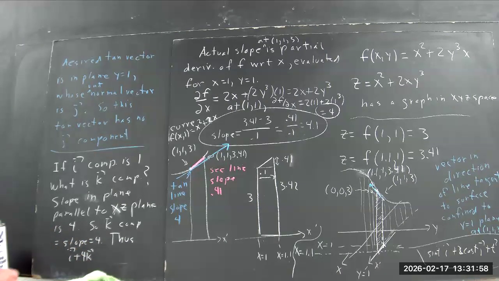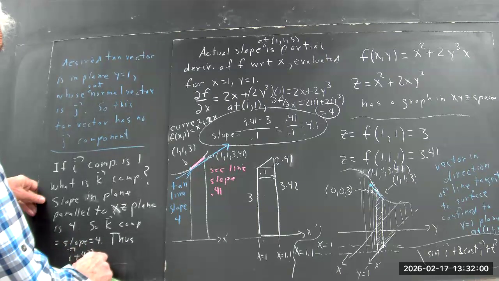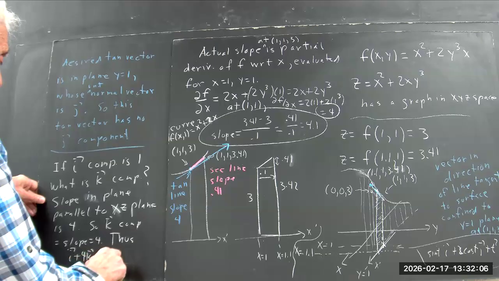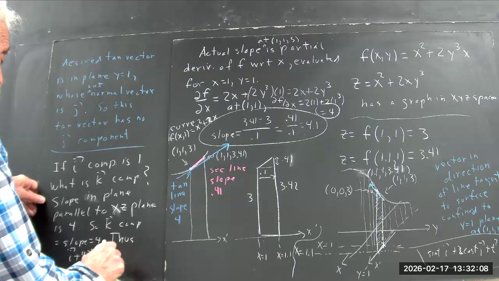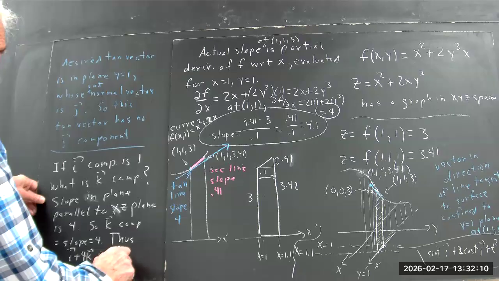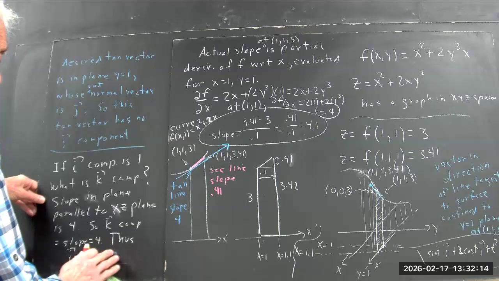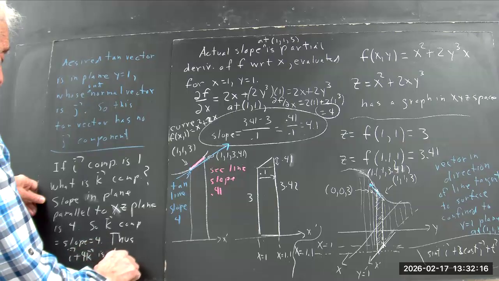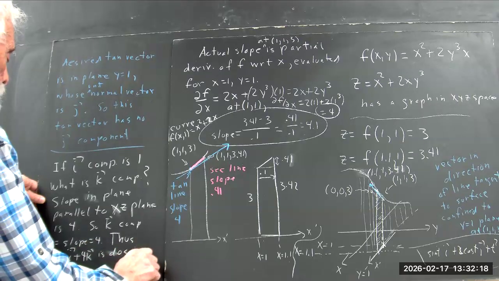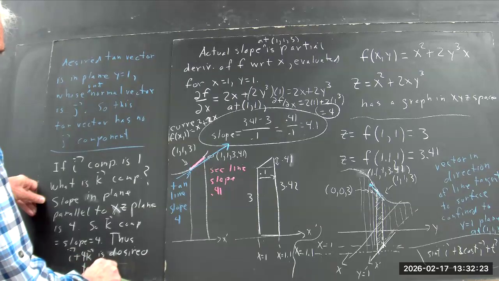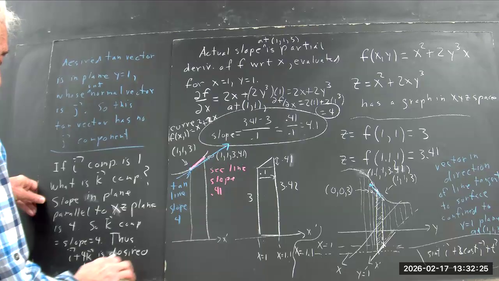So i plus 4k is the desired tangent vector.